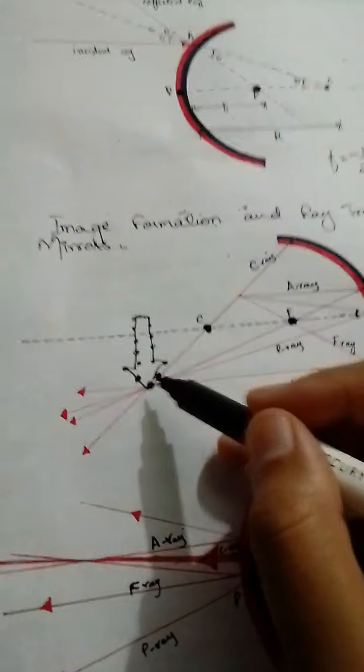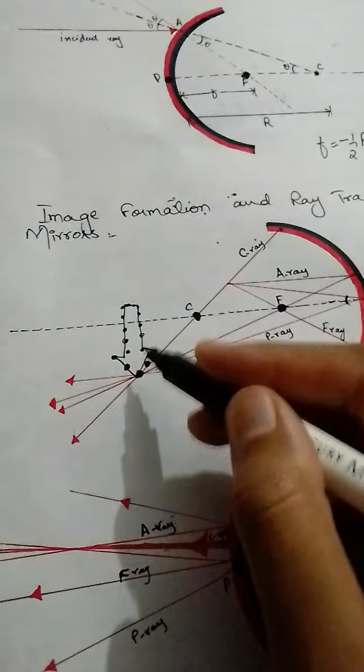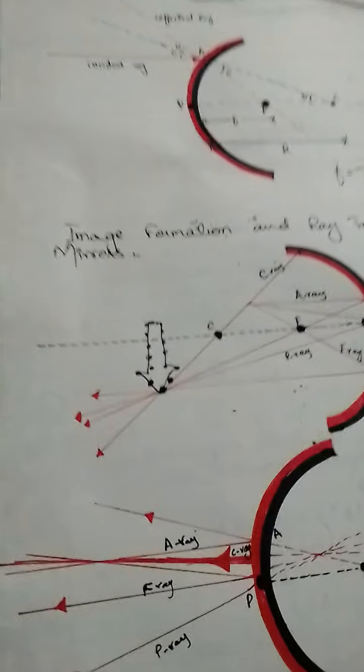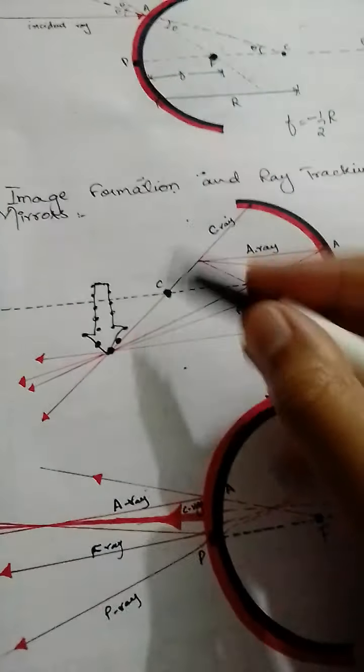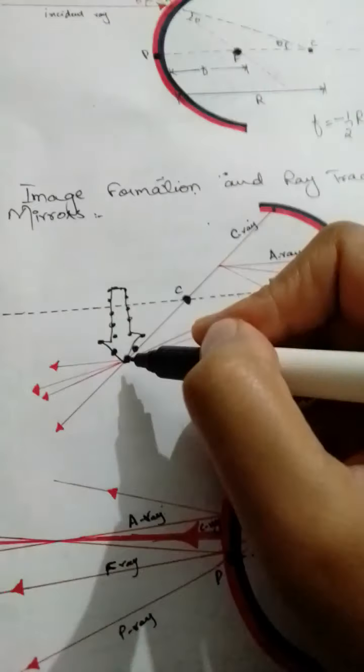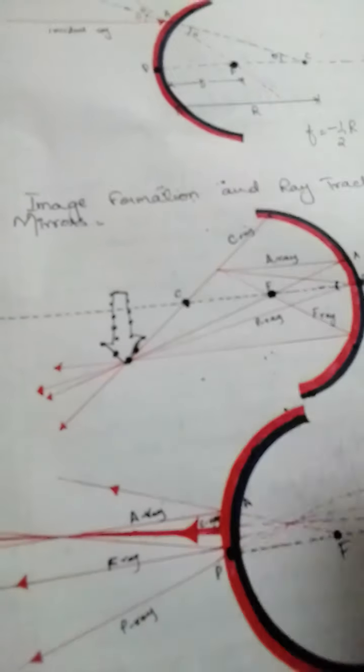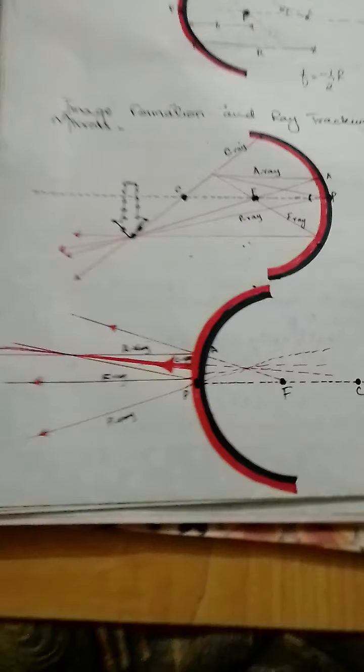So for every point, remember that there are millions of points in it. We have just drawn about 13 or 14 points. So when we join these points, it makes up the original image.